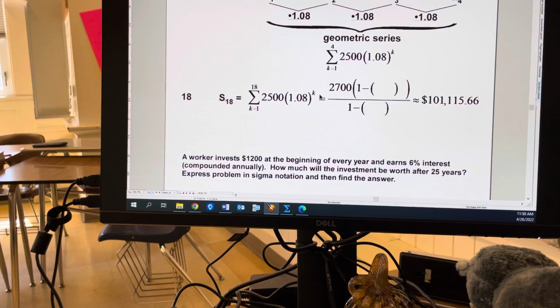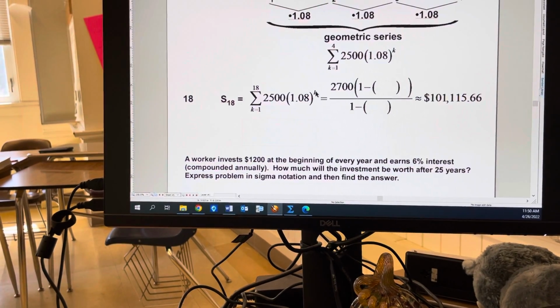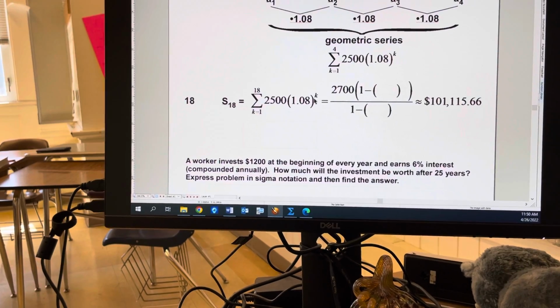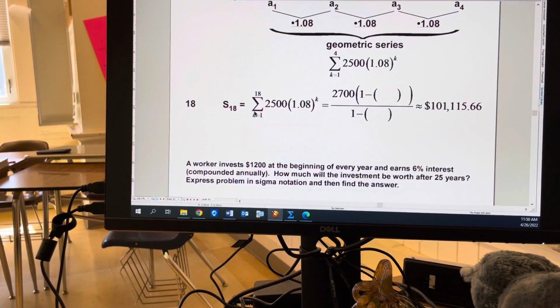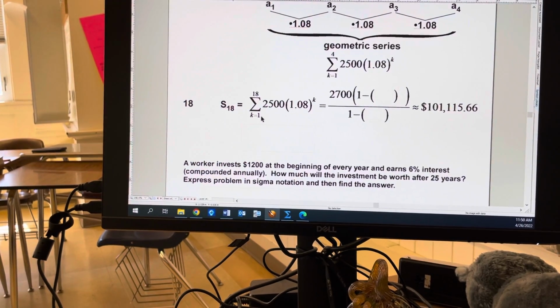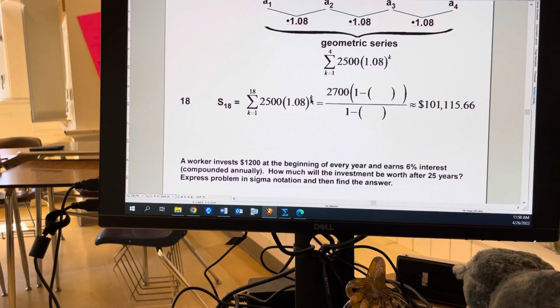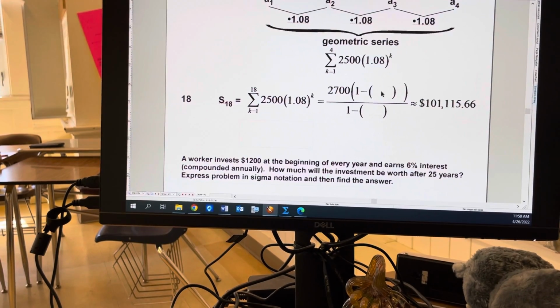Notice what's not here. It doesn't say K minus 1. That's the thing that's different here, right? If I want, I could start with a different K and then write K minus 1. But here, after the first year, this is the end of the first year, and I can see up here that R is 1.08.